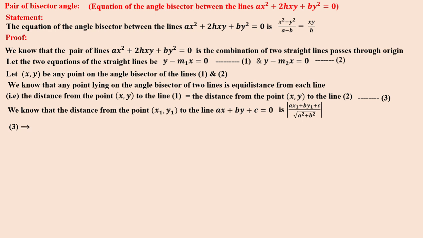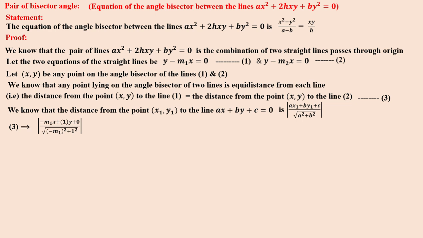The coefficient of y is 1, so b is equal to 1. There is no c, so instead of c you take 0. So you get the distance: modulus of minus m1x plus 1 into y plus 0, divided by root of minus m1 square plus 1 square.